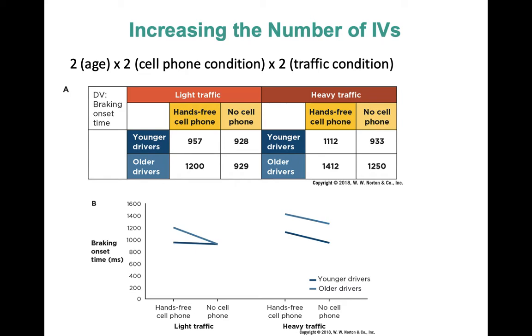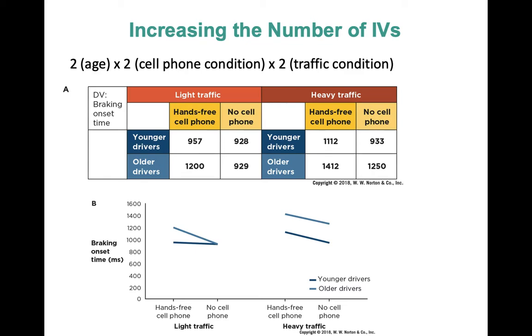Okay, and then the motivation for adding another variable is really the same motivation for doing a factorial design in the first place. It's we want to be able to test theories, and we want to be able to test the generality of effects.